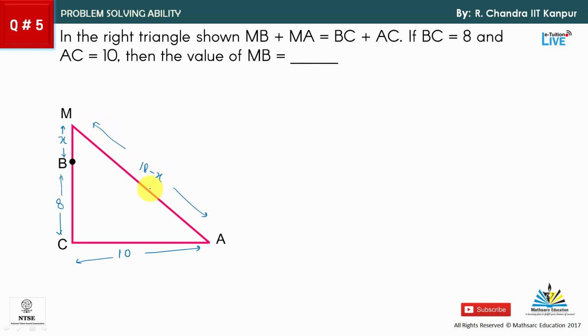Now since ACM is a right angle triangle, we can apply the Pythagoras theorem: 18 minus X, the hypotenuse square, is equal to the base, that is 10 square, plus (X plus 8) whole square. This is X, this is 8.